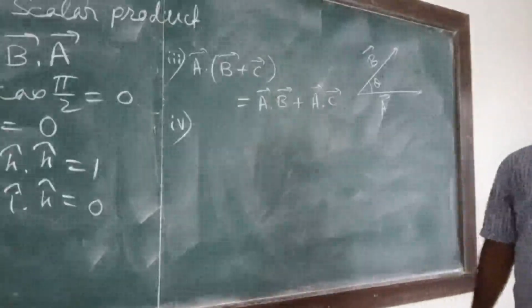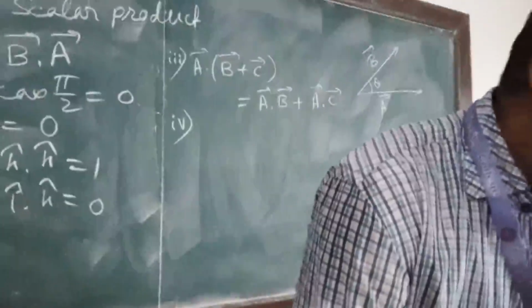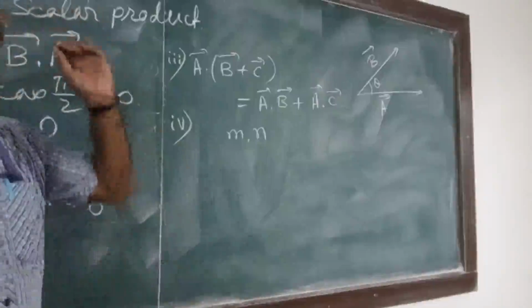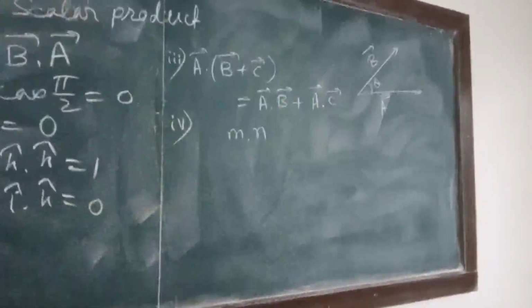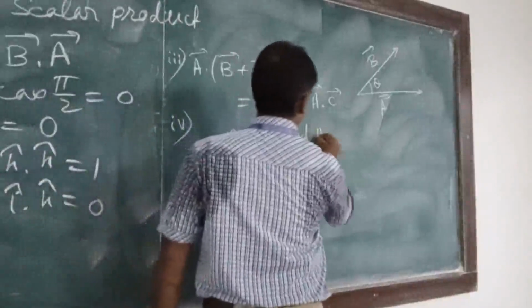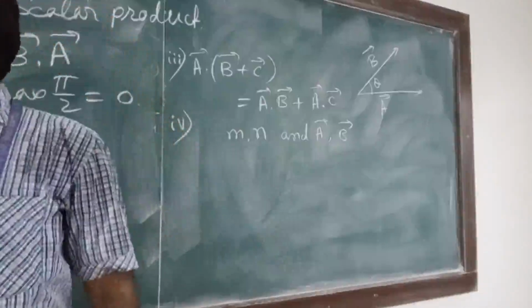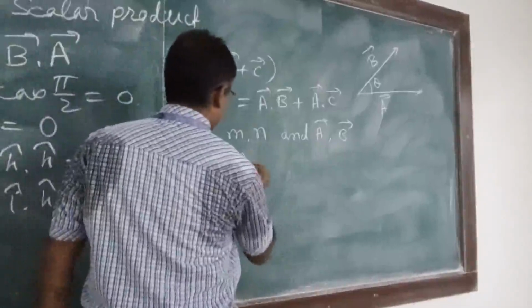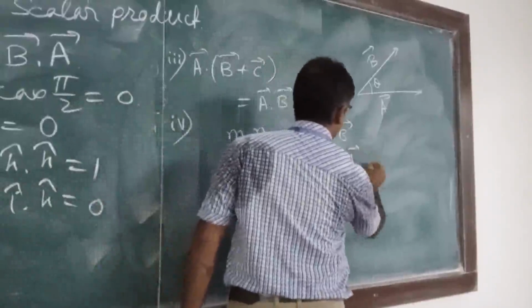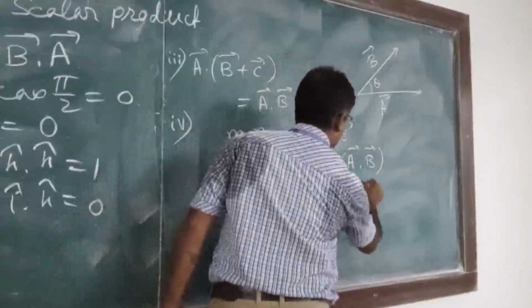If m and n are two scalar quantities and A, B are two vector quantities, then mA dot nB equals mn A dot B equals nA dot mB.